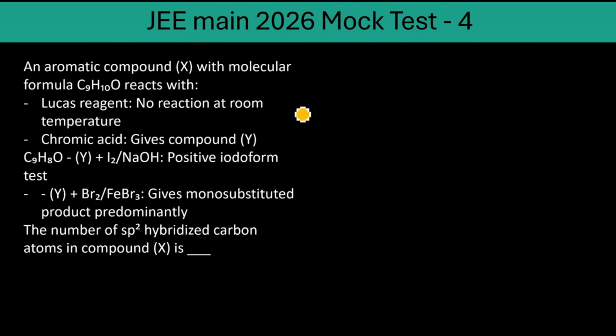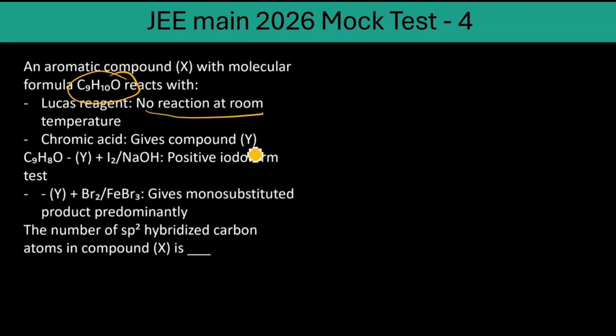An aromatic compound with molecular formula C9H10O reacts with Lucas reagent and gives no reaction at room temperature. It can be benzylic or allylic substances, which do not immediately react with Lucas. Let's move on to the next clue: chromic acid.